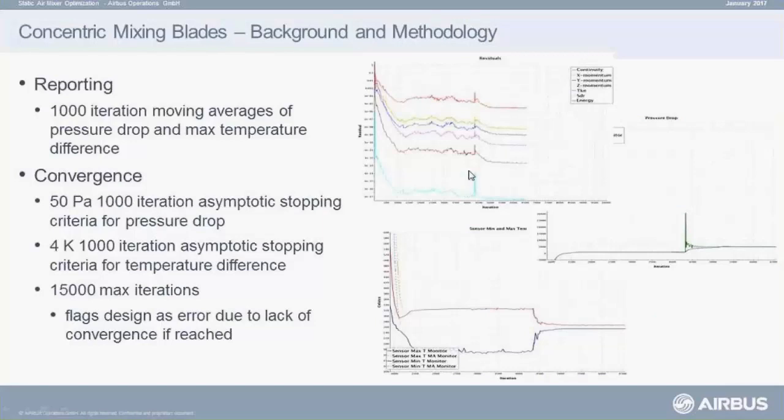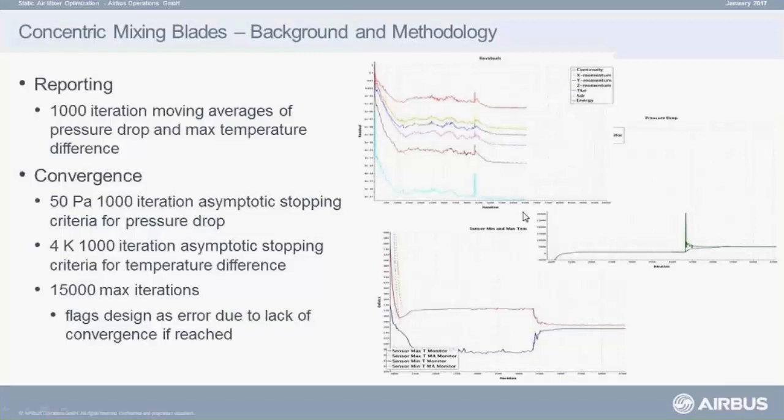So that means that if a deviation of 4 Kelvin in the frame of 1,000 iterations is fulfilled, if a limit like this is fulfilled, the simulation will stop. If 15,000 iterations were reached, it was judged that the simulation is not converged, and the complete simulation was flagged as erroneous.